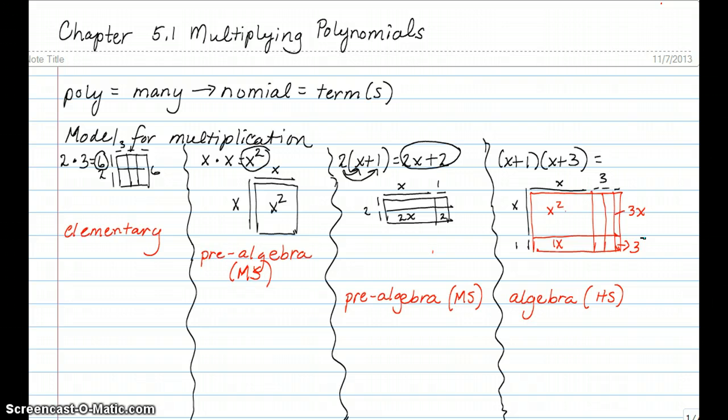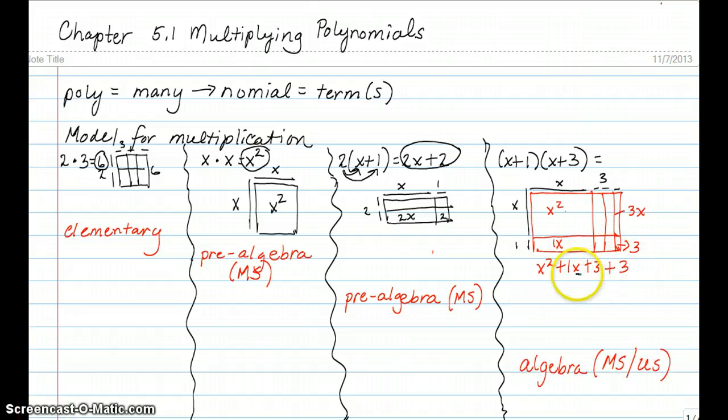So you end up having x squared, and then you have 1x, or just x, plus 3x, plus 3. You need to combine like terms. You've got 1x and 3x here. That gives you 4x.